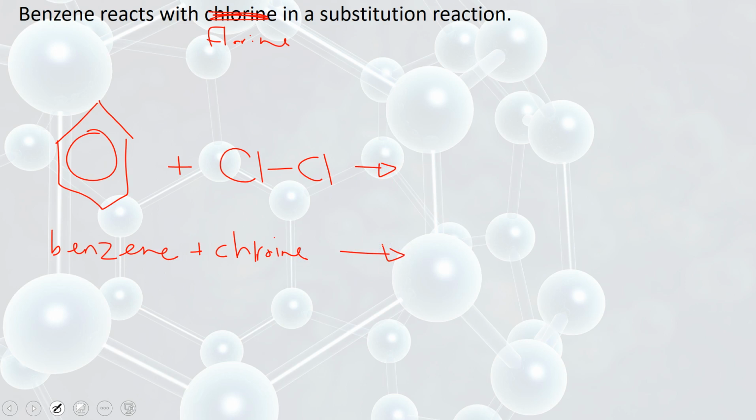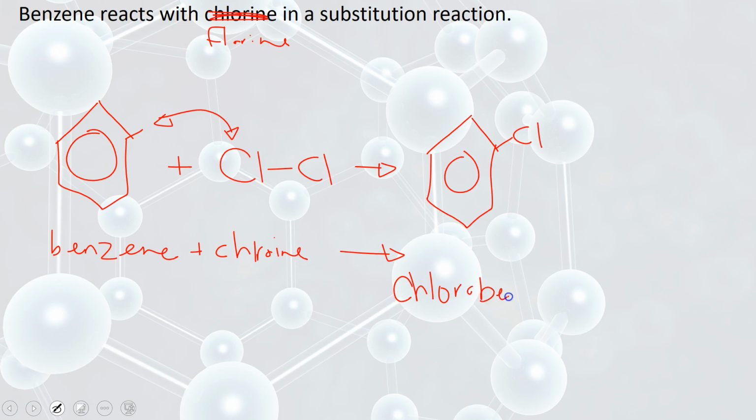Okay, and what happens here is I'm just going to have a swapping, right? That's why it's called substitution: I'm really just substituting one of these hydrogens for one of the chlorine atoms. These guys substitute, or they're switching places. And it doesn't matter where on the benzene ring I say that chlorine bonded onto, it would still be a chlorobenzene, regardless of where I put it, because there's only one of them.